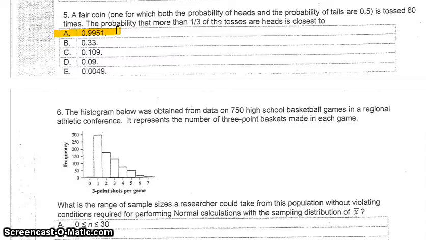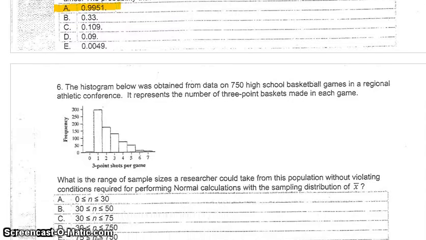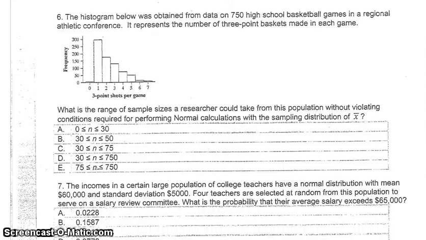The histogram below was obtained using 750 high school basketball games, right? So we're looking at this. What is the range of sample sizes a researcher could take from this population without violating our conditions? Now we're looking for a mean number. So what's the minimum we need? 30.